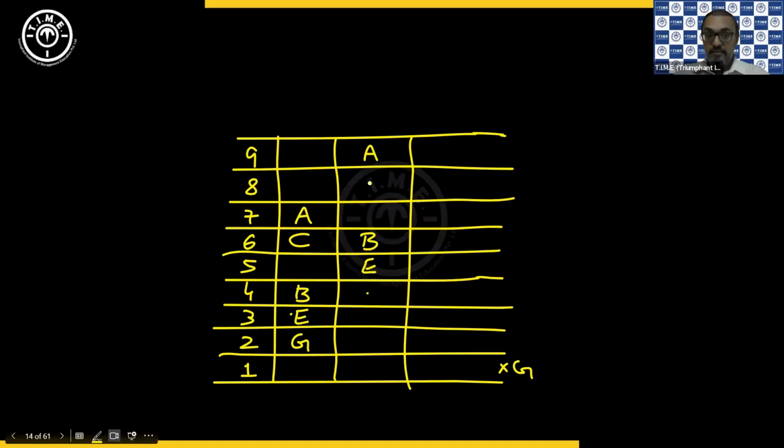You can have C in the 8th. Then you can have G in the 3rd, leaving a gap of 3, you can have C in the 7th also. But now I can rule out G in the 2nd, because putting G in the 2nd, leaving a gap of 3, you already have B in the 6th. So C cannot be placed. So still 2 cases are there for fixing G.